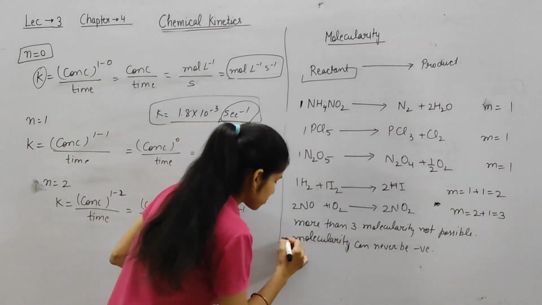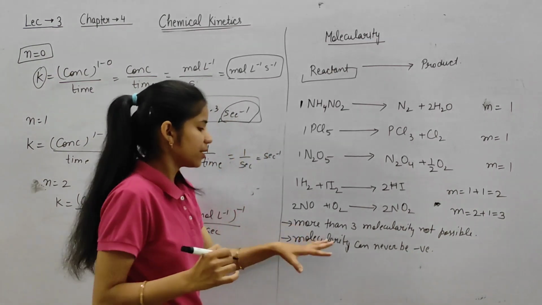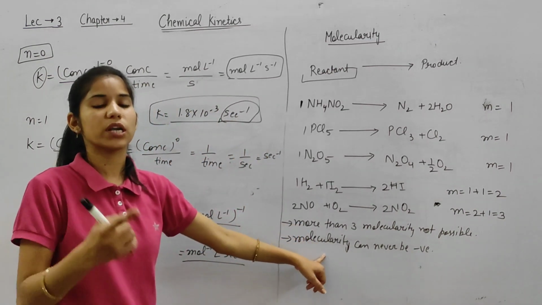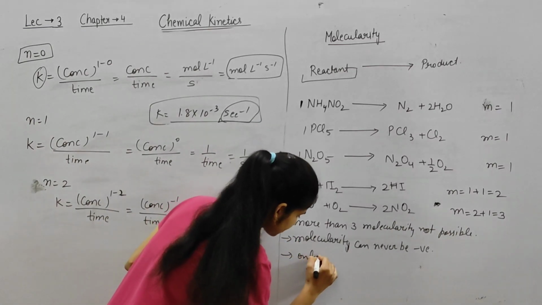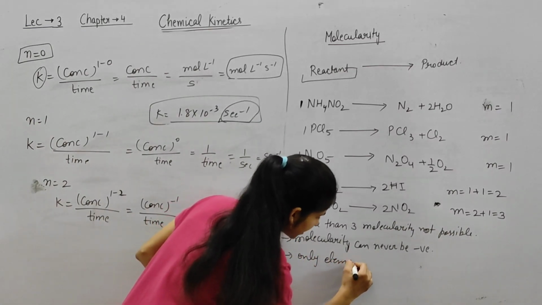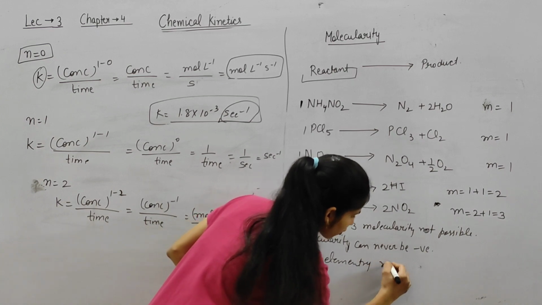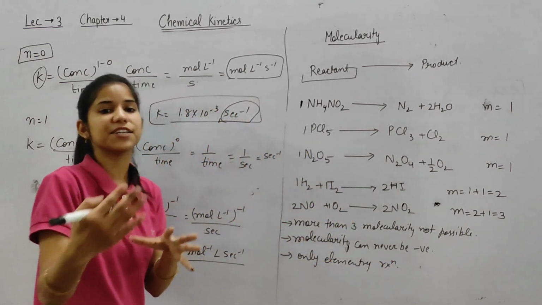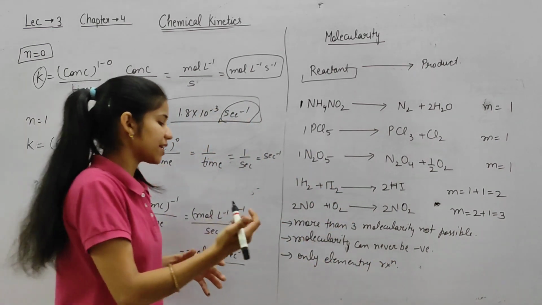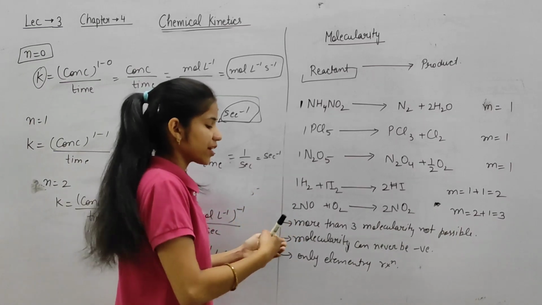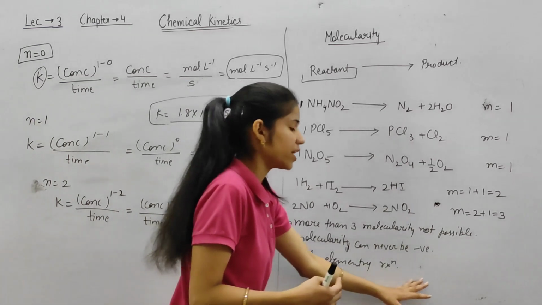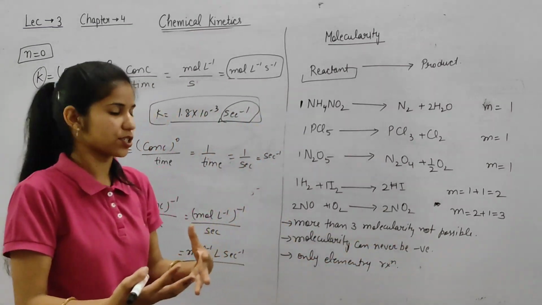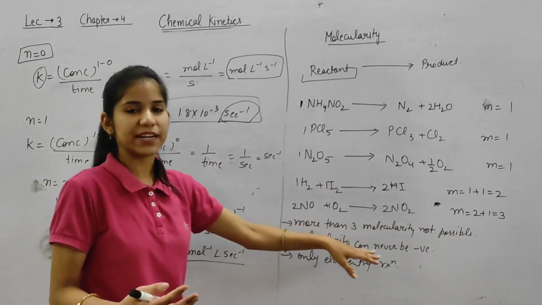Okay, now the next point is in molecularity we are taking only elementary reaction, or we can also say rate determining step. If it is a complex reaction, we cannot consider it here. So we are taking only elementary reaction, and this can never be negative.